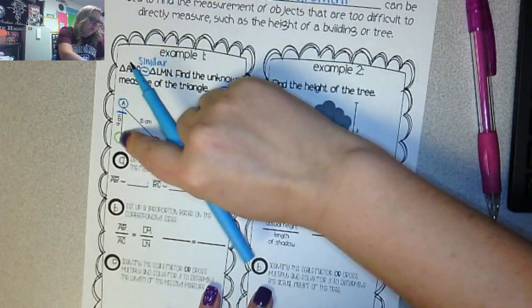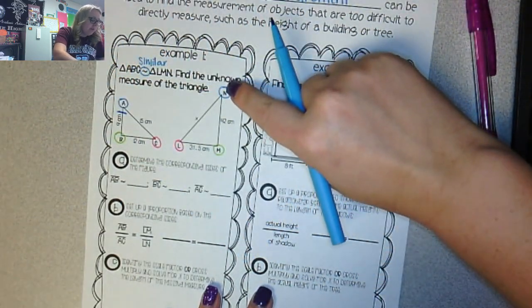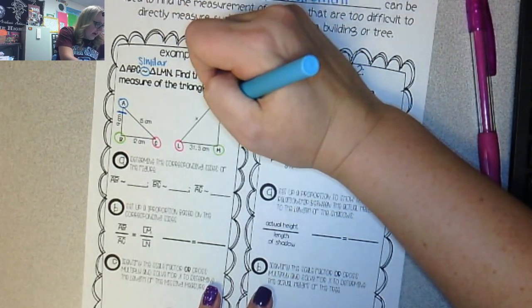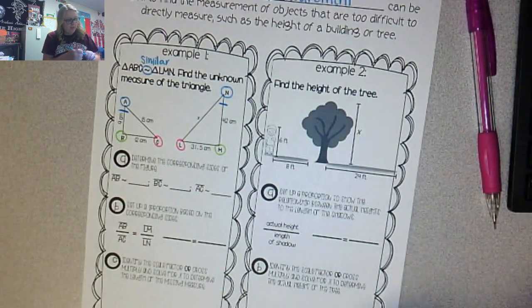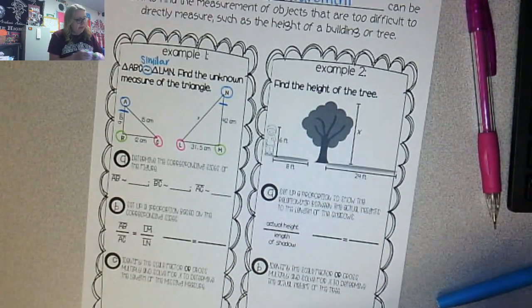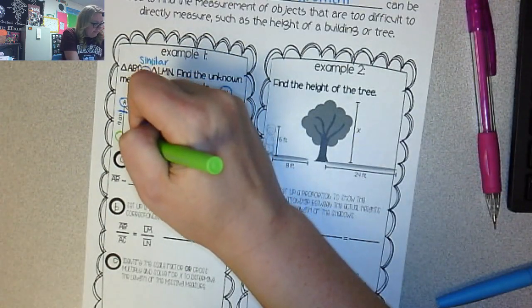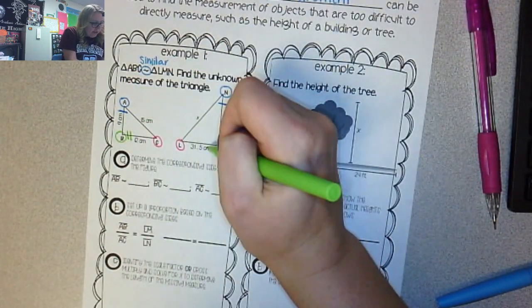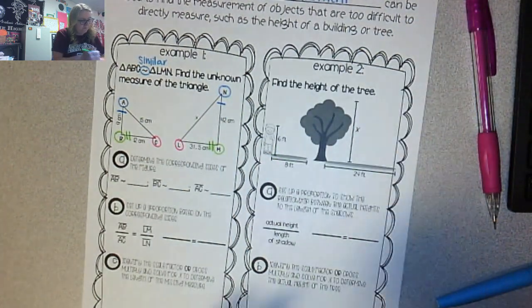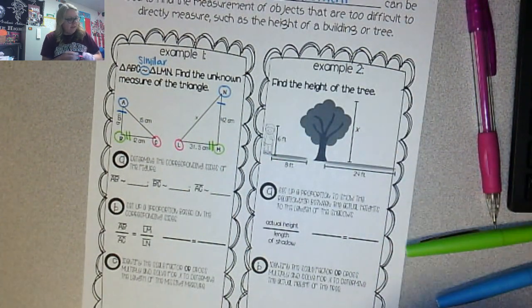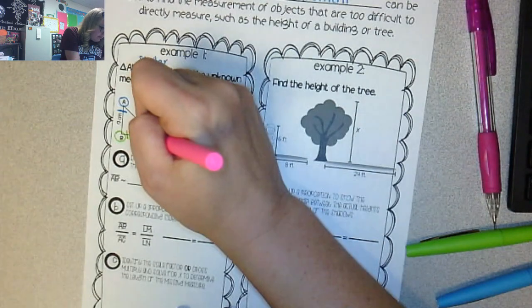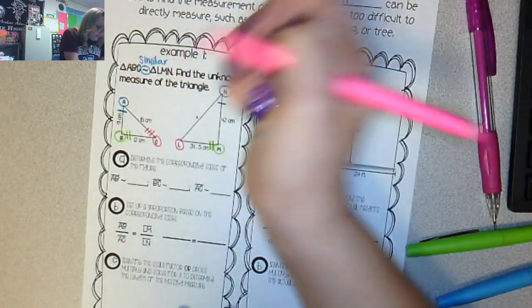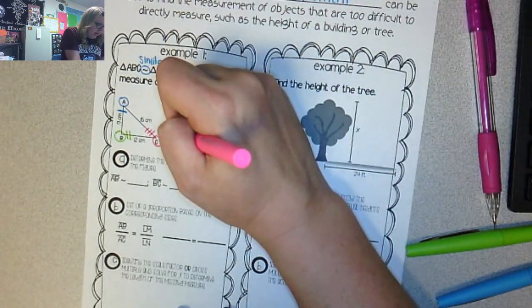Since that's from blue to green, my next matching pair is also going to be from blue to green. So I have NM as the matching pair. My next matching pair after that is BC, and BC is going to match with ML. And my last, diagonal matching, is AC, and AC matches NL.